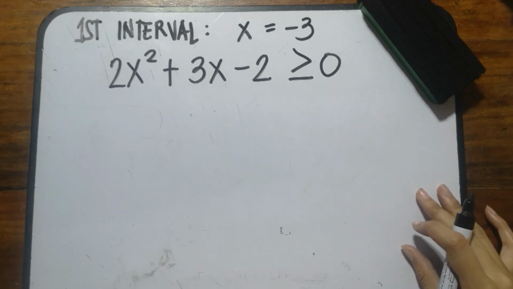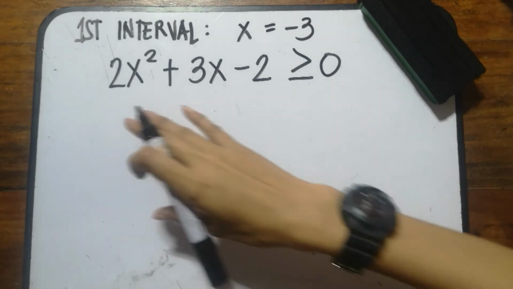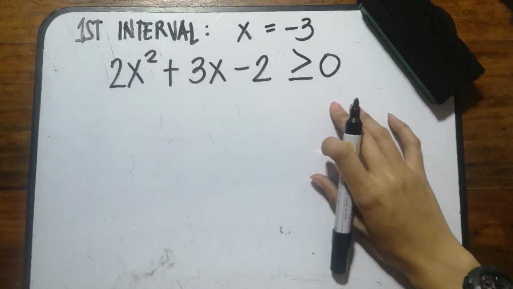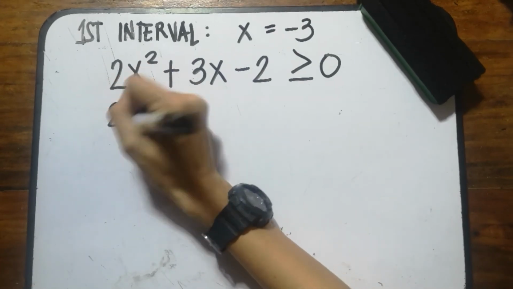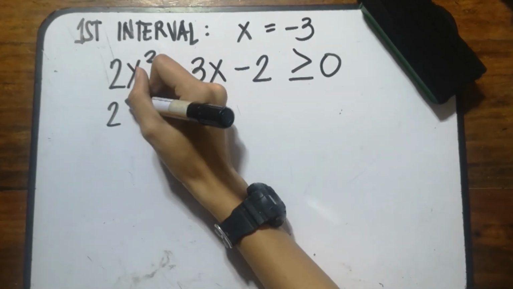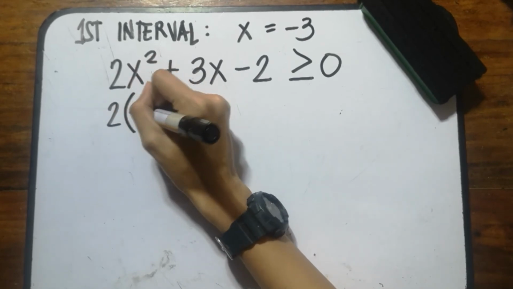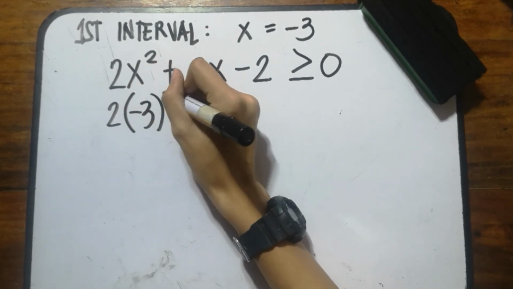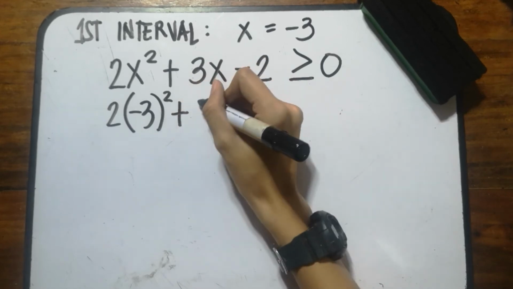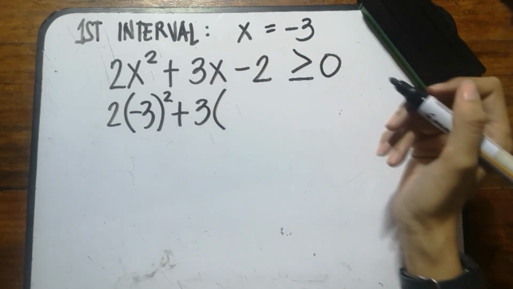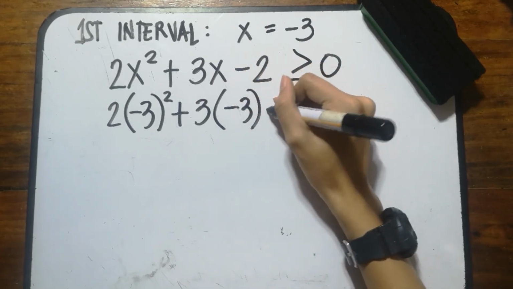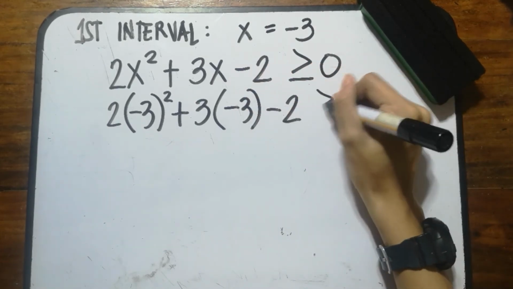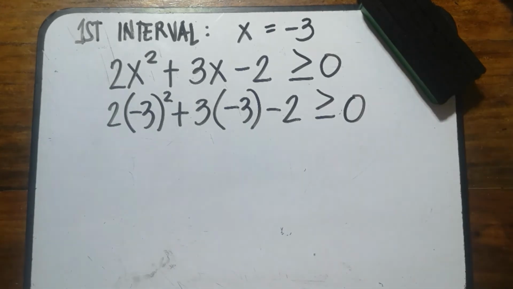So now, let us substitute -3 to the variable x in our given inequality. This will now give us 2 times negative 3 squared plus 3 times negative 3 minus 2 greater than or equal to 0.